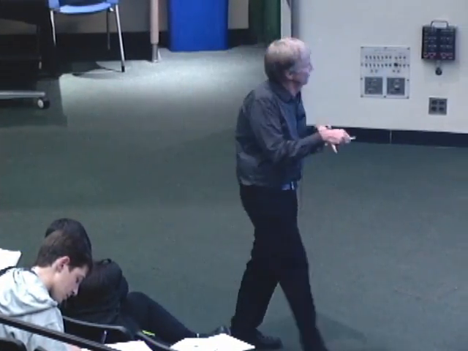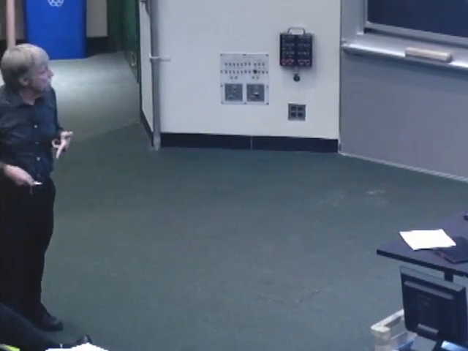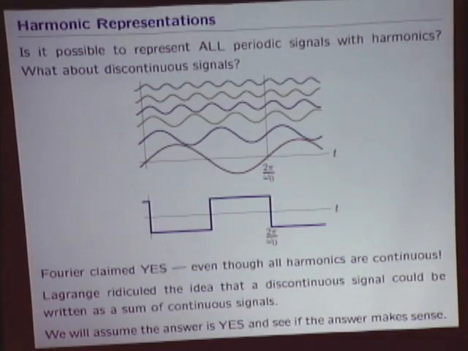In a widely reported public rebuke of Fourier, Lagrange said, this is ridiculous, because every harmonic is a continuous function of time, and you can easily manufacture a periodic signal that's a discontinuous function of time. So, for example, a square wave. How on earth, argued Lagrange, how on earth would you represent a discontinuous function by a sum of continuous functions? That makes no sense, right?